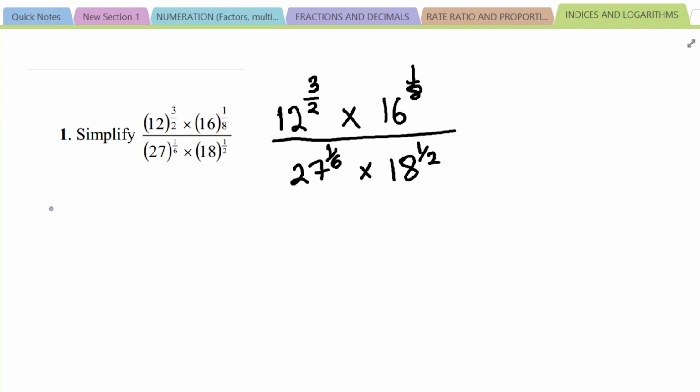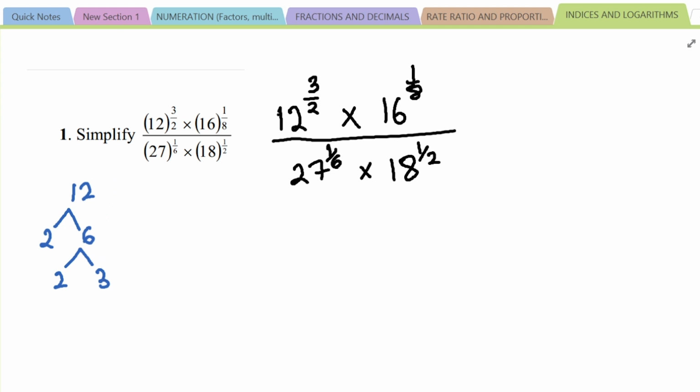So let's look at 12 here. 12 by 2 is 6, by 3 is 2, by 2 we remain with 3. That is 12 for you.